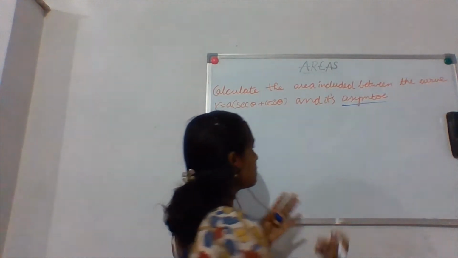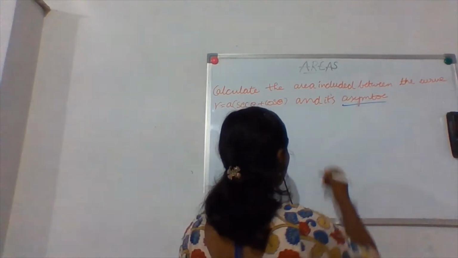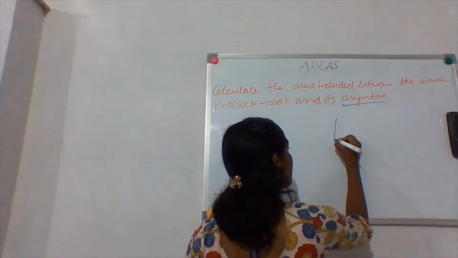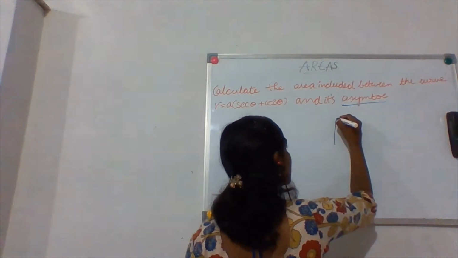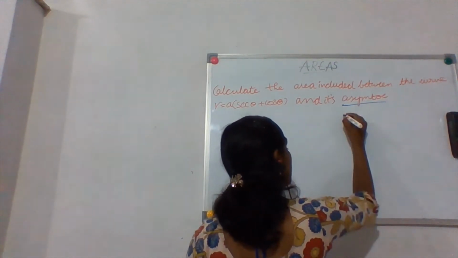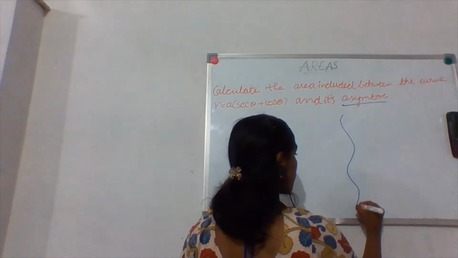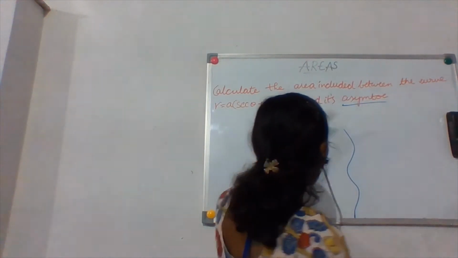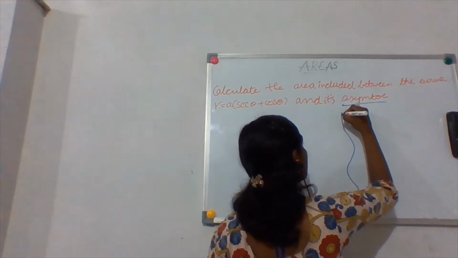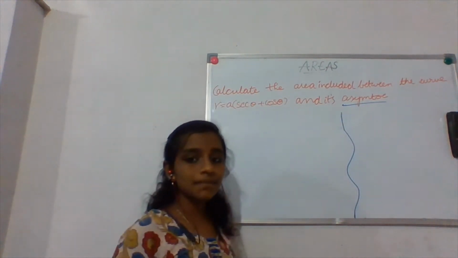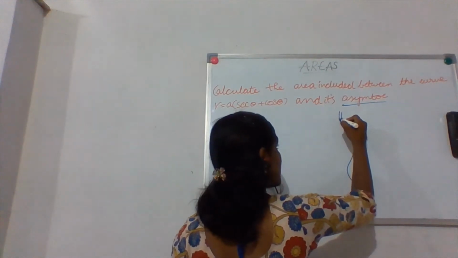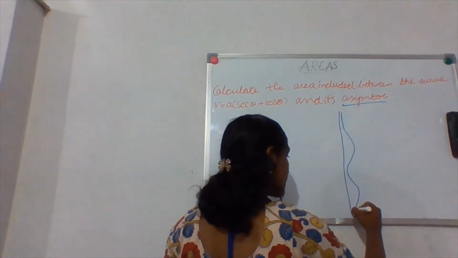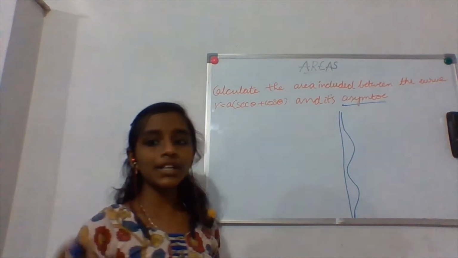I will give you an example. If there is a curve something like this, then how do you draw the asymptote of this curve? The asymptote of this curve would be something like this. So how do you define it?